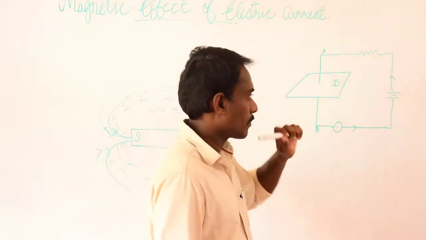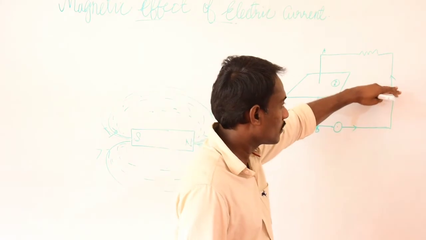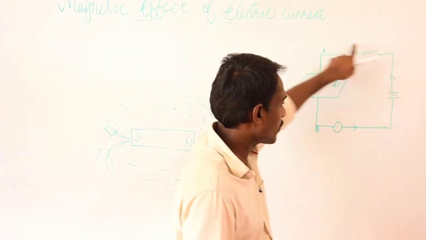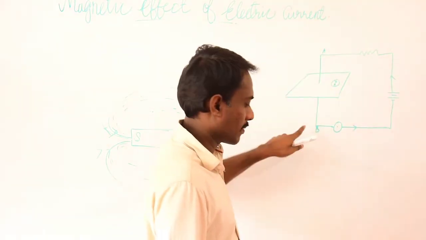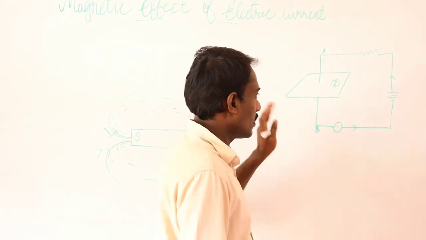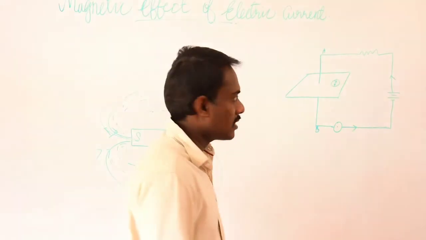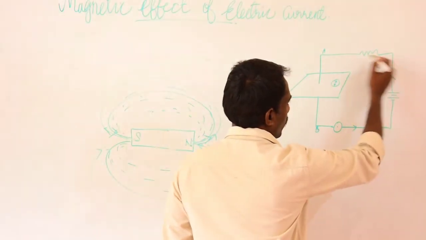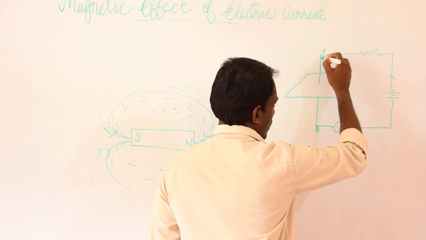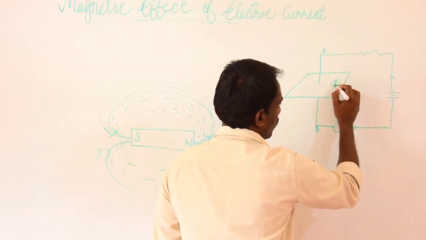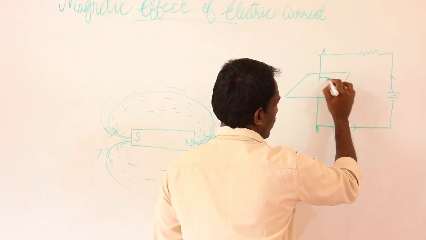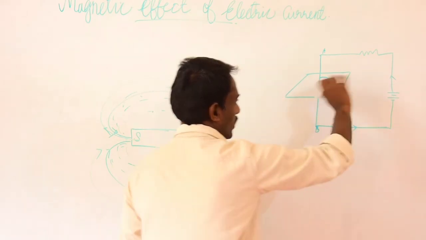Here we have seen that the current is flowing from the positive terminal to the negative terminal. So the current is flowing in this direction. What happens then? When the current is coming to the point A, and as it passes to the point B, the needle produces a deflection towards this direction.